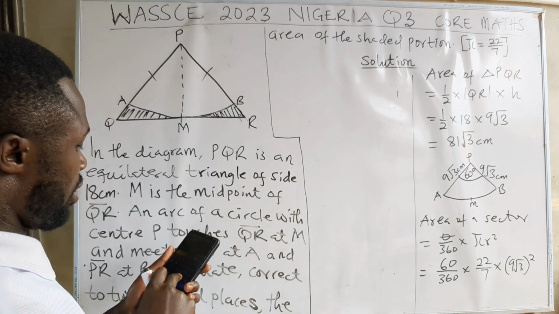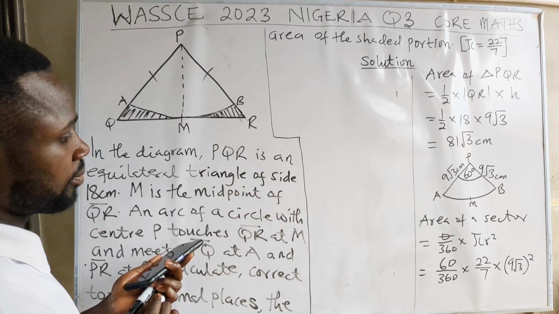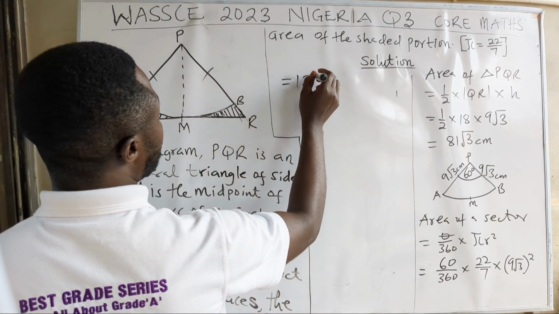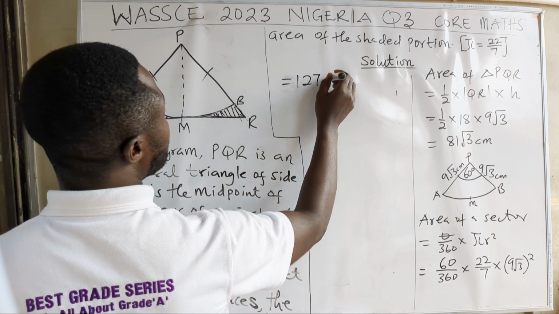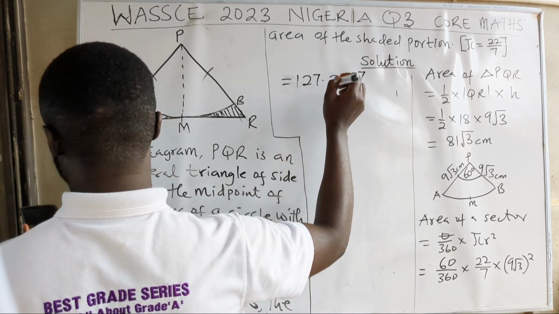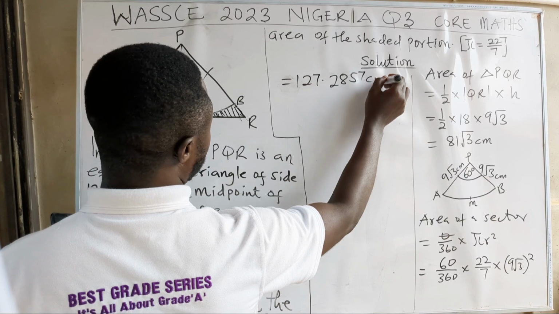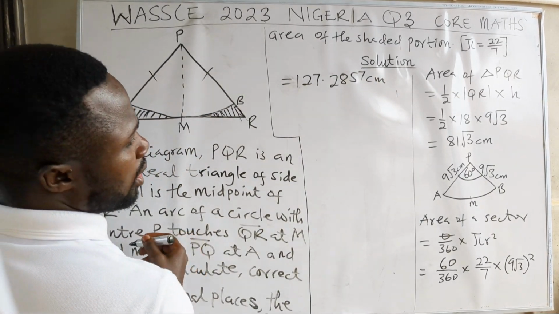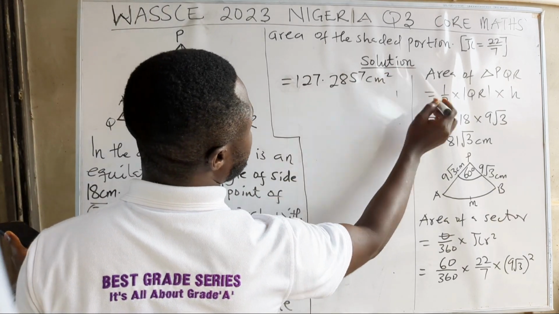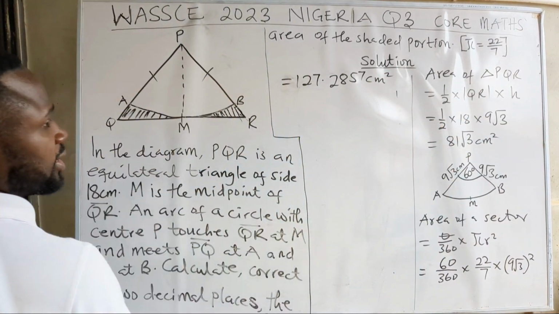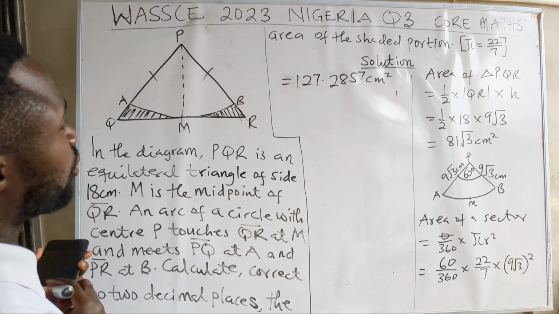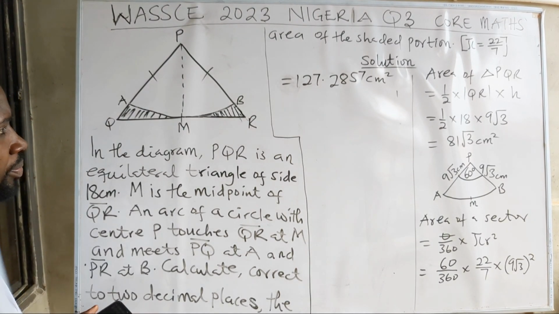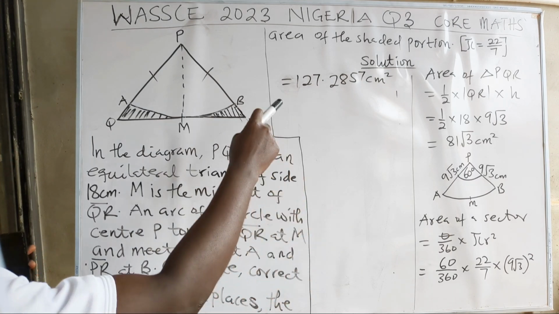Okay, so we have our answer as 127.2857 centimeters squared. Okay, squared, since we are dealing with area, so we don't have to forget the squared. All right. So this is the area of the sector.